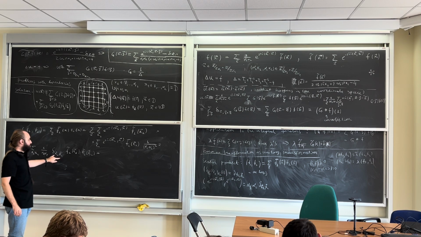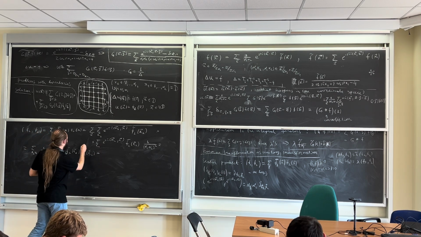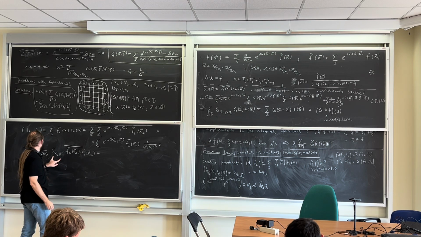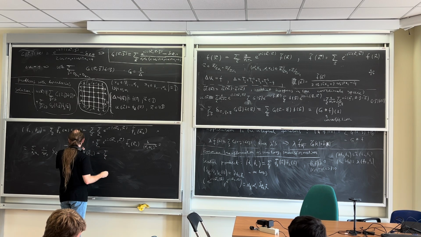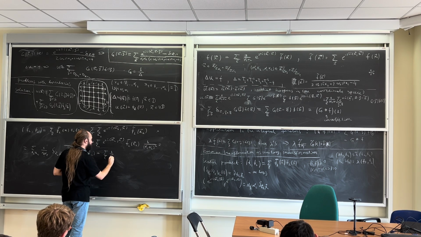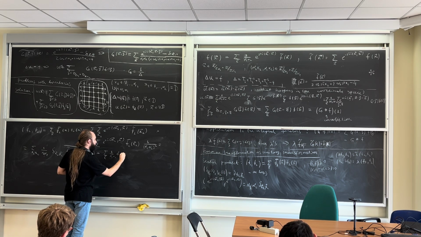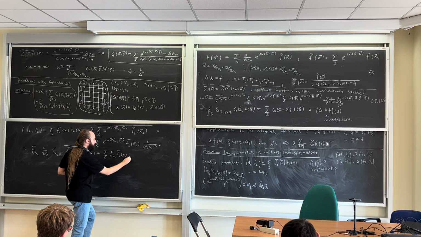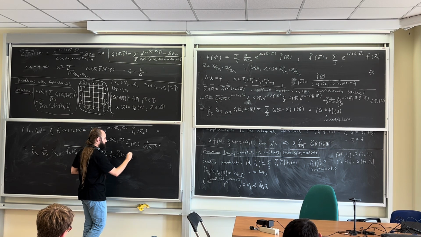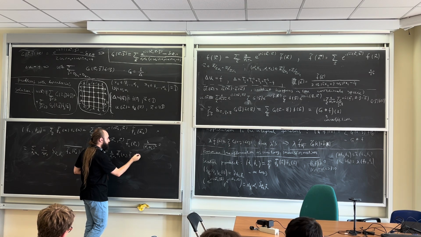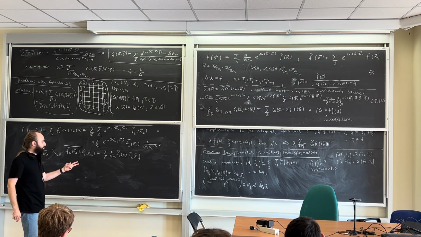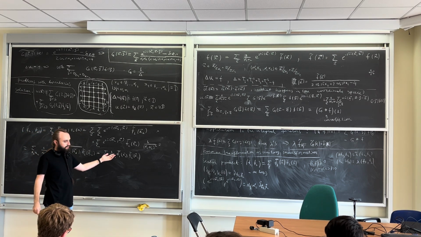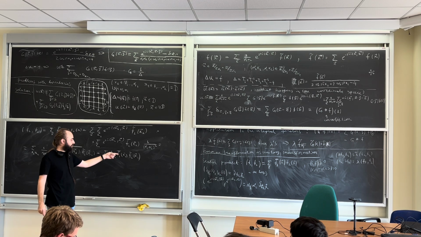So we can remove the delta function, and we just get one sum over k: 1 over n1 and 2, f1 tilde of k conjugated times f2 tilde of k. So as expected, this scalar product on the defined basis is also diagonal.